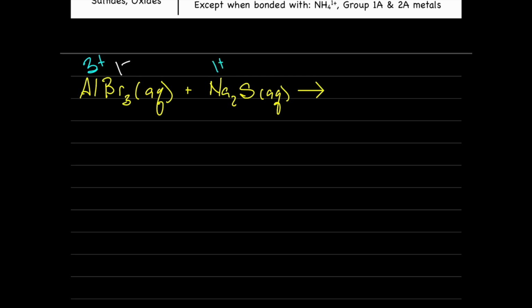Sodium, 1+ charge, and sulfur, 2- charge. Just like the double replacement reactions we've been practicing, the two metals switch places, and we do not bring our subscripts over to the product side.